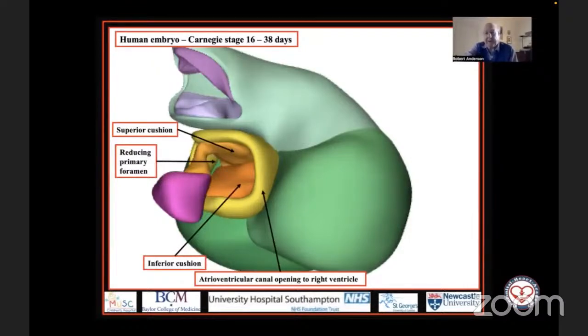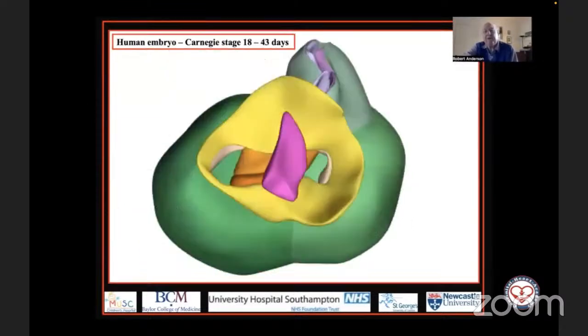And as the primary atrial septum grows towards the cushions, carrying with it its mesenchymal cap, it is reducing the size of the primary foramen. Now there at the back, we have the vestibular spine, and that is going to grow in and reinforce the closure of the primary foramen, as we discussed in our previous account of atrial development.